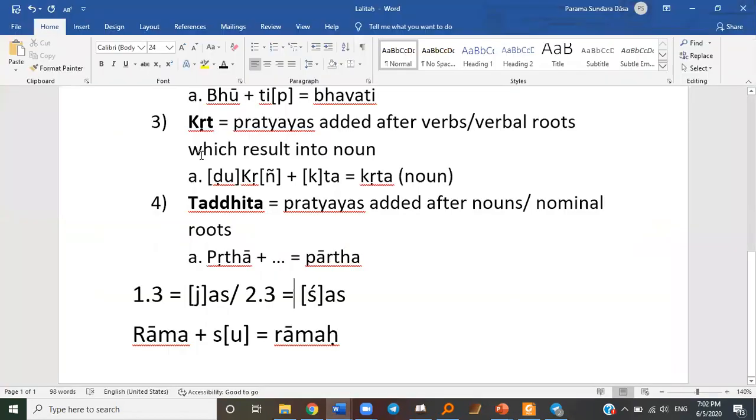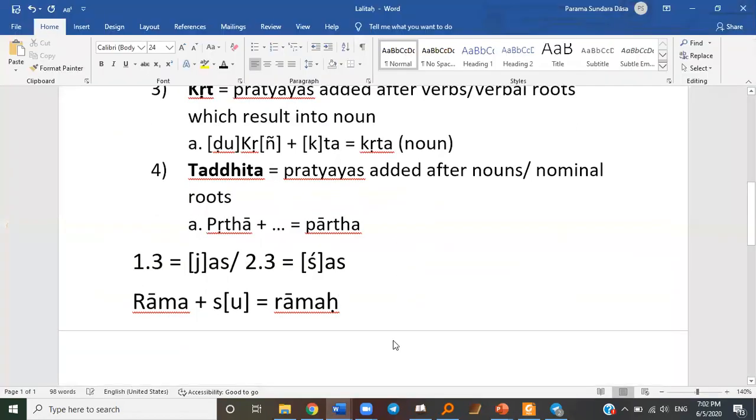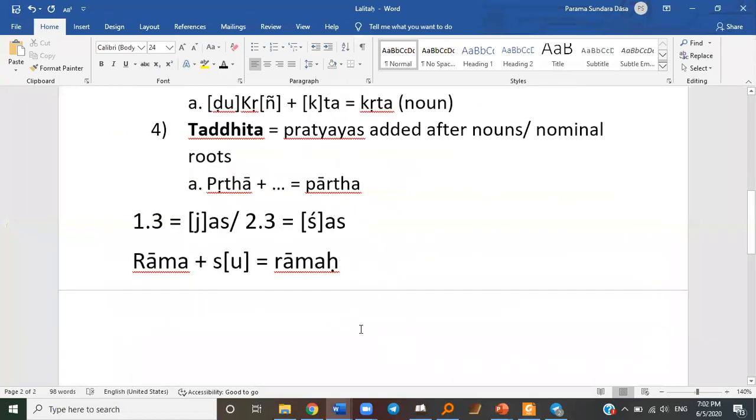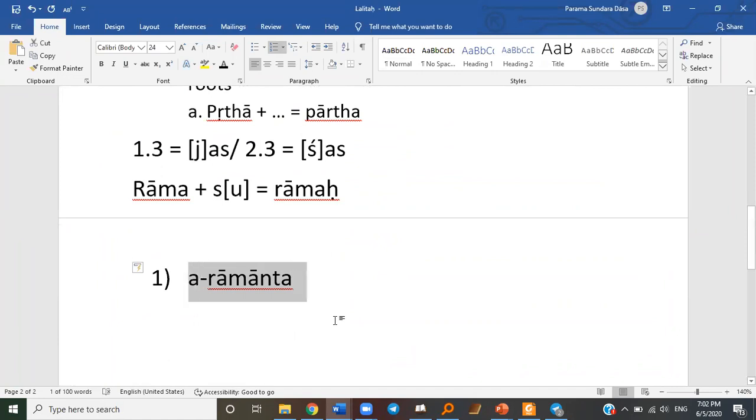Okay, so we begin our journey of nouns. So the very first word is aramanta. You understand what is aramanta, right? A word which has a at the end, like Rama, Krishna, and so on.